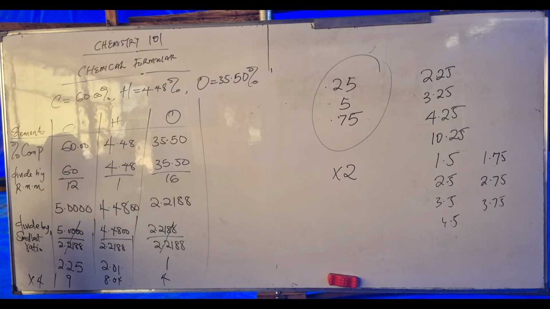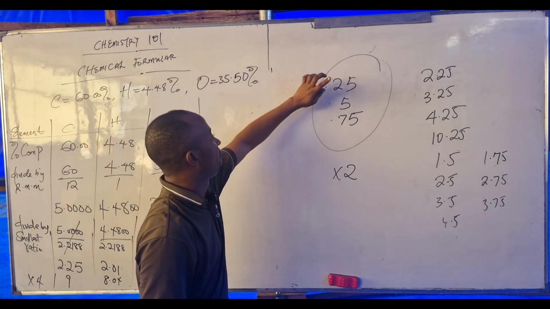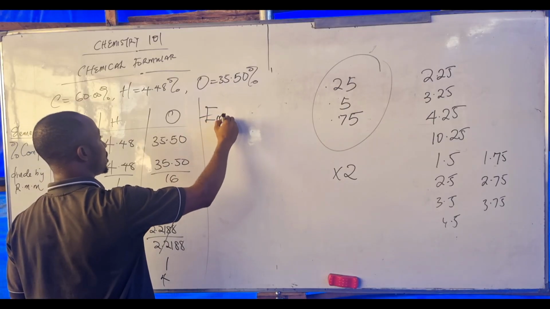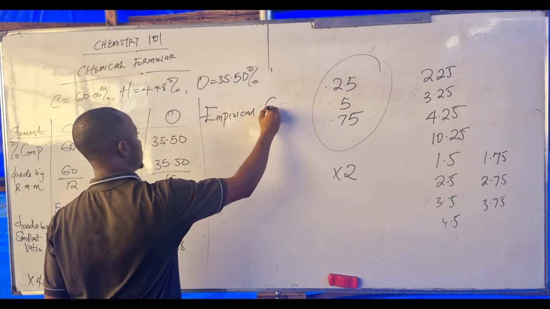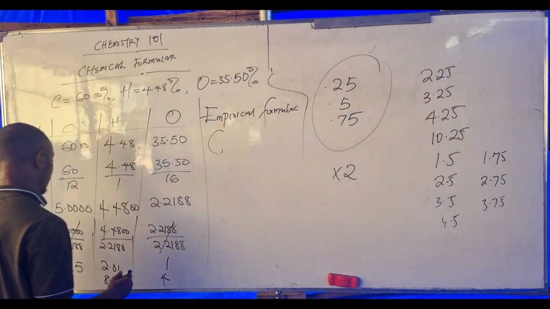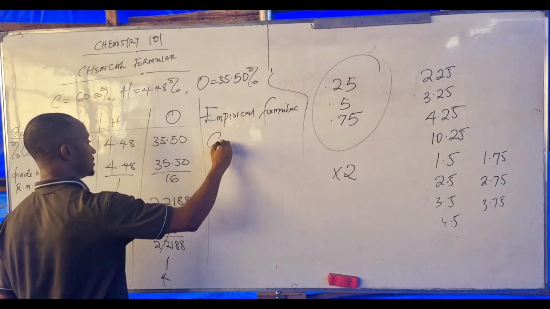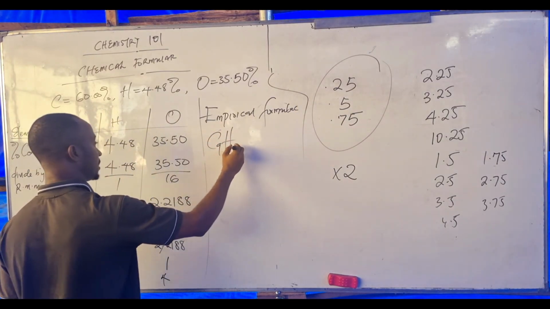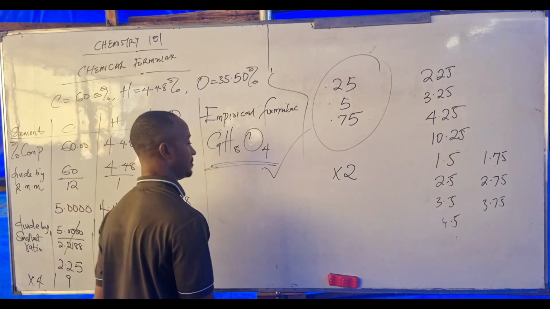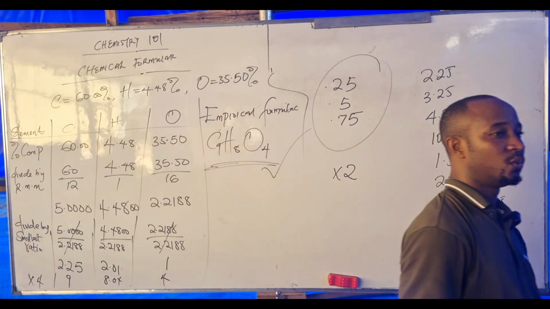I've shown you this factor. Now the empirical formula becomes C9, H8, O4. This is the empirical formula we are looking for.